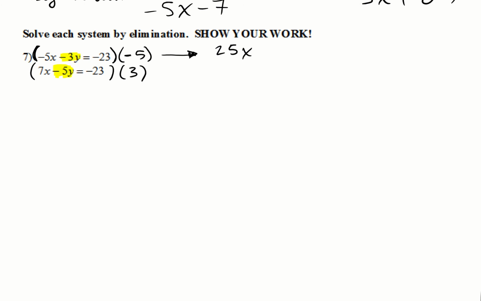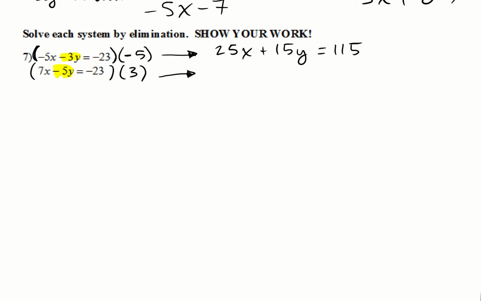I'm going to get a positive 15y. And then finally, I need to multiply negative 5 times a negative 23, and that's going to give me positive 115.